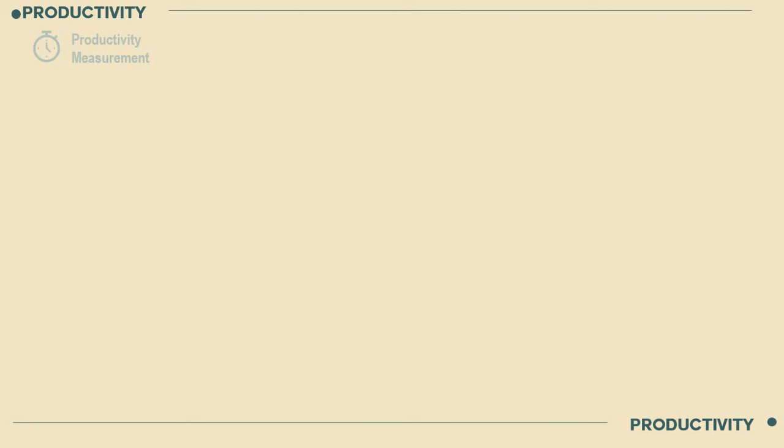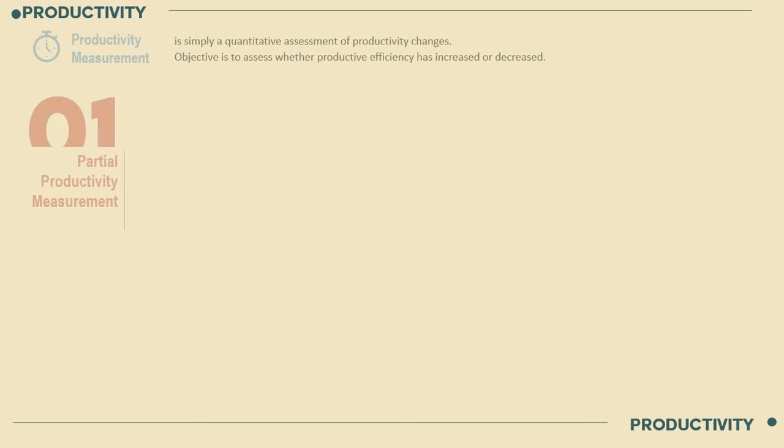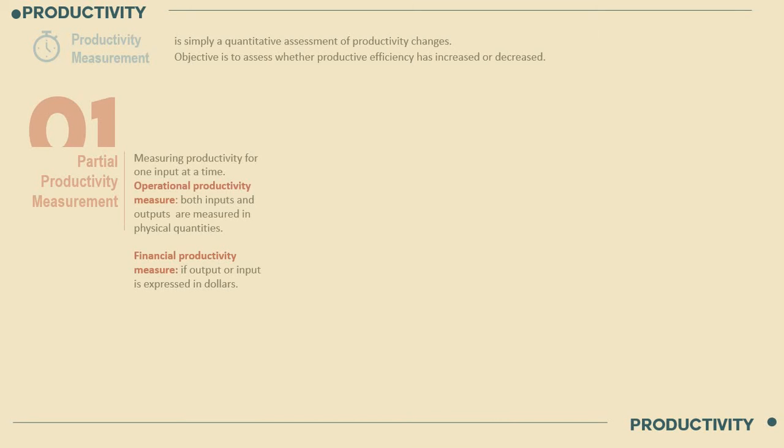Now, let's proceed on to the productivity measurement. Productivity measurement is simply a quantitative assessment of productivity changes, and its objective is to assess whether productive efficiency has increased or decreased. So the first productivity measurement is partial productivity measurement.